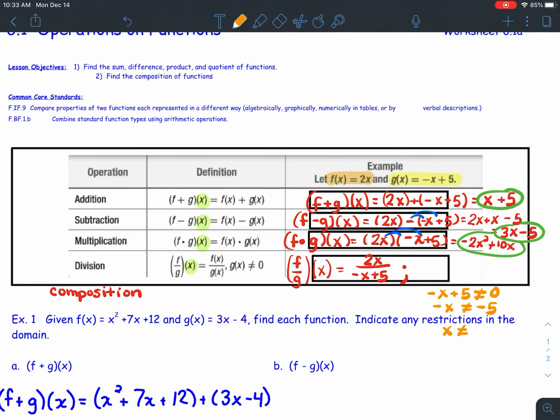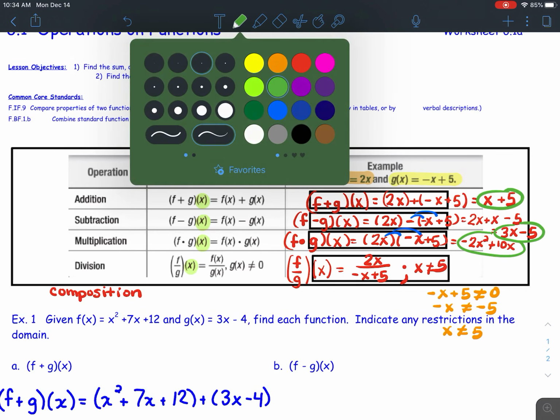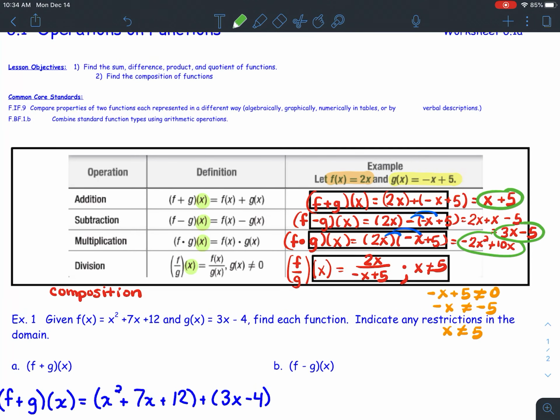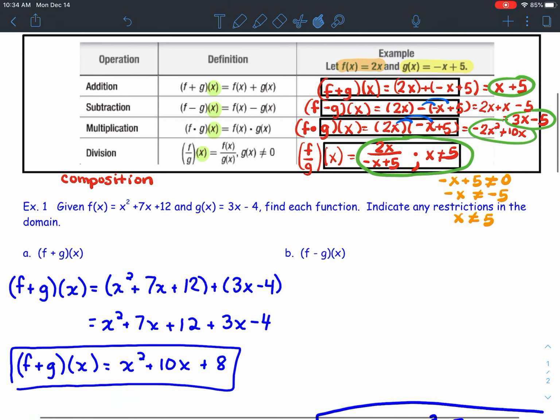I'm going to divide both sides by negative 1, and then I have my domain restriction, which I'm going to list alongside my answer here. So essentially, we are saying that f divided by g is the fraction 2x divided by negative x plus 5, but x is not allowed to equal the number 5. If we plugged a 5 in for the x, that would produce a 0 in the denominator, which we're not allowed to have. Okay, so that's basically what we're doing.